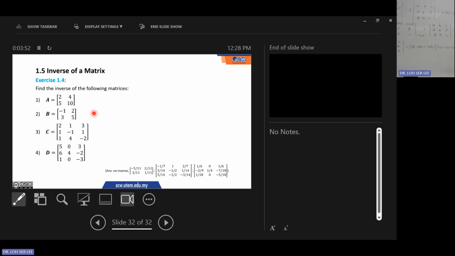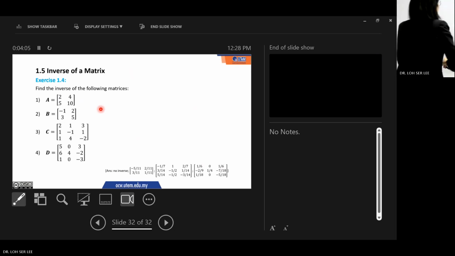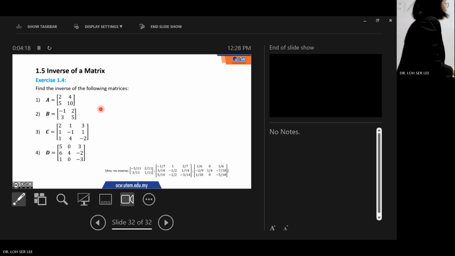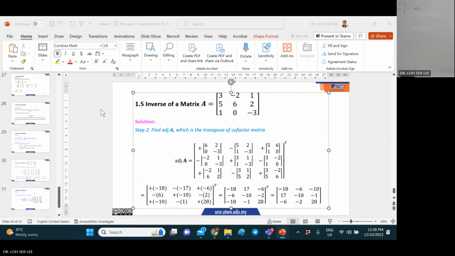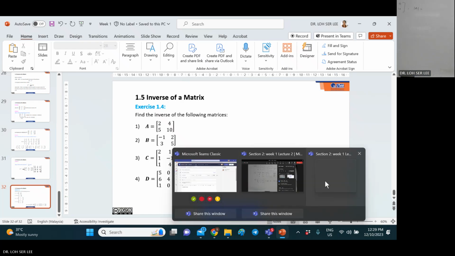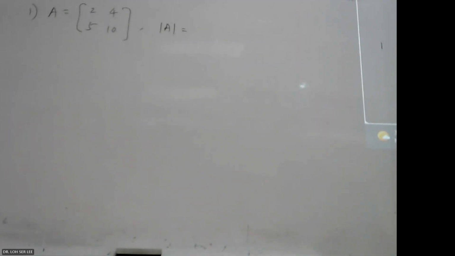Okay, now we look at the exercise. AD minus BC.